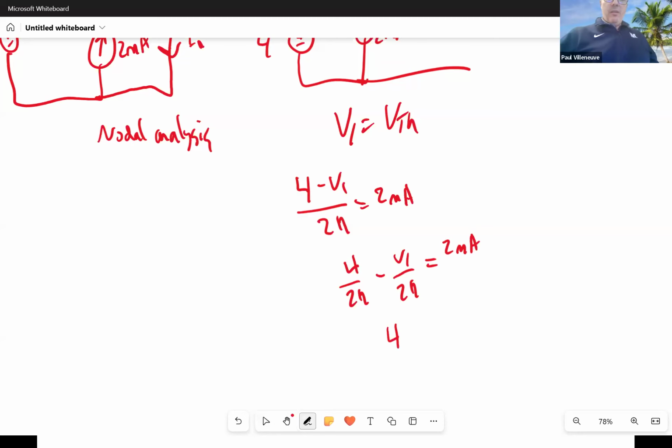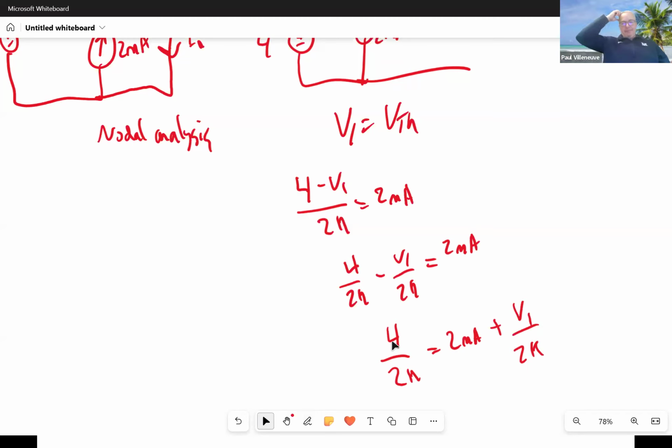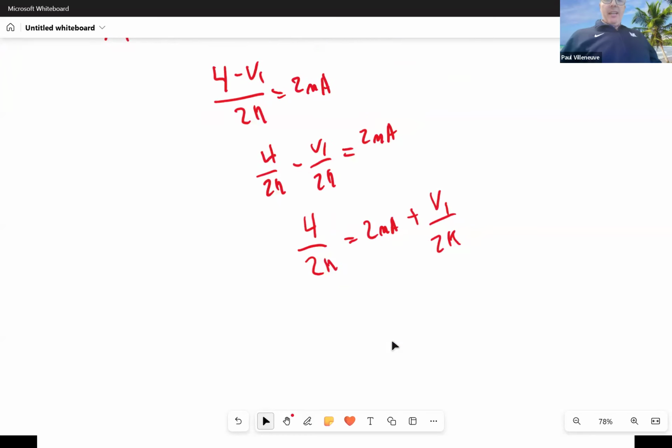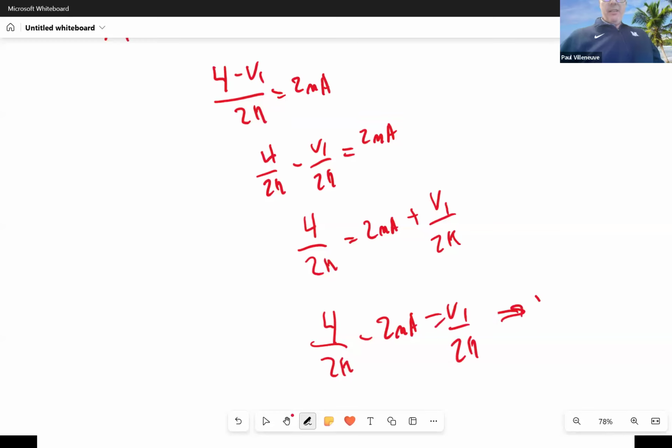So 4 over 2K equals 2 milliamps plus V1 over 2K, correct? And then I'm going to bring my 2 milliamps to the side. So 4 divided by 2K minus 2 milliamps equals V1 over 2K.